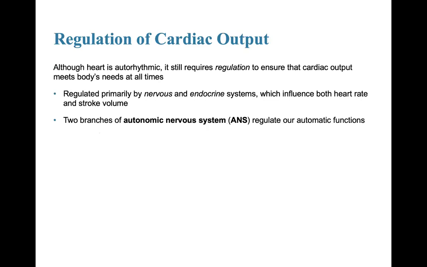Although the heart is autorhythmic, it still requires regulation to ensure that cardiac output meets the body's needs at all times. This is regulated primarily by the nervous and endocrine systems, which influence both the heart rate and stroke volume. The two branches of the autonomic nervous system regulate our autonomic functions.